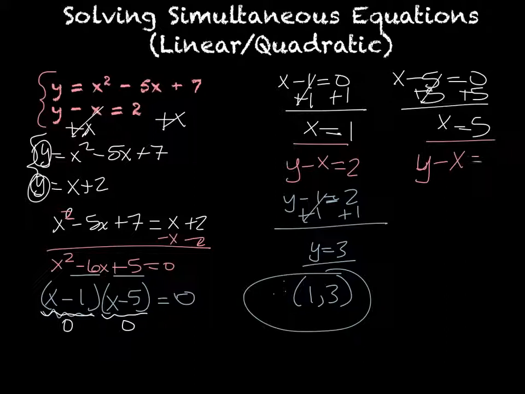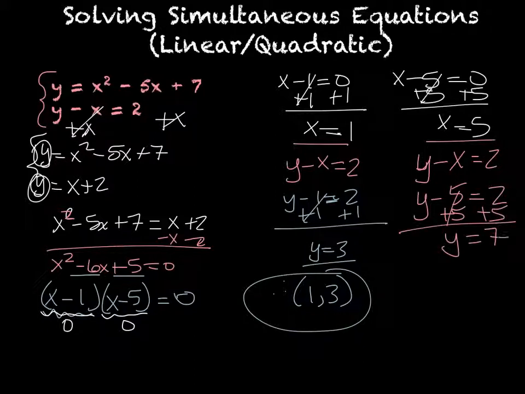Y minus x equals 2. And that would be y minus 5 equals 2. Add the 5 over. Then y equals 7. Therefore, when x is 5, y is 7, that is an intersection point.